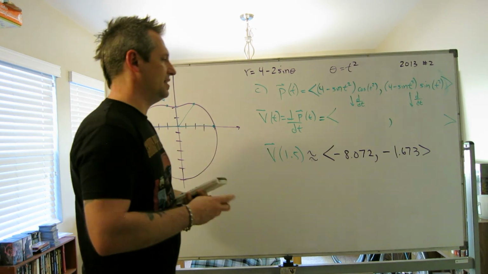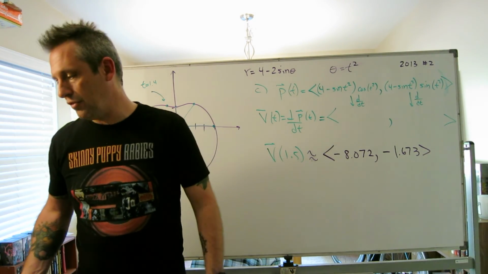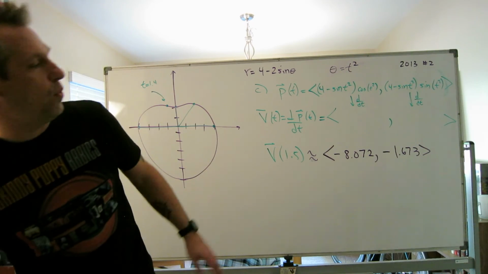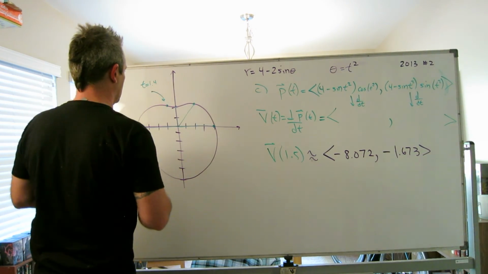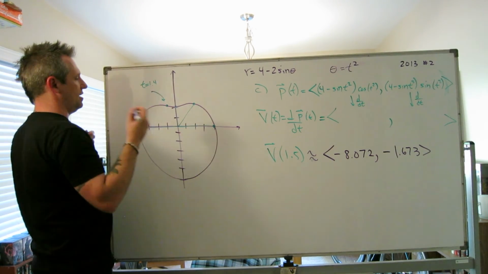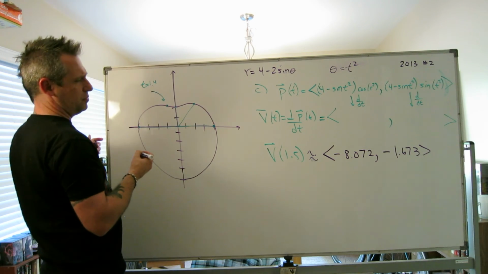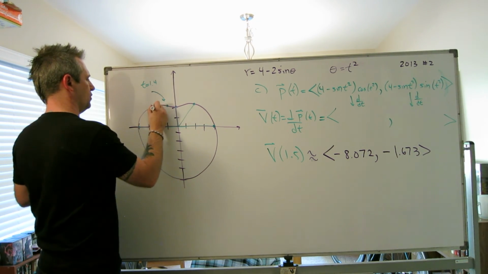So let's see if this makes sense. It looks like my velocity at time 1.5 has both the x and the y coordinate being negative. Now, we found out earlier that at time 1.4 I was right here. At time 1.5 I must be over here somewhere.